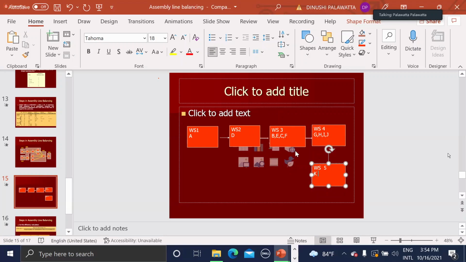So you see, the processing sequence is this. Each workstation is manned by one person.